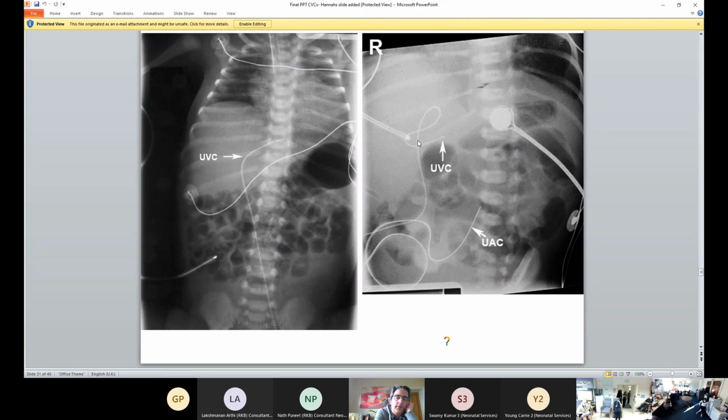The umbilical vein goes up until the portal circulation, and then it coiled and went through the right portal vein and then down to the portal vein again.